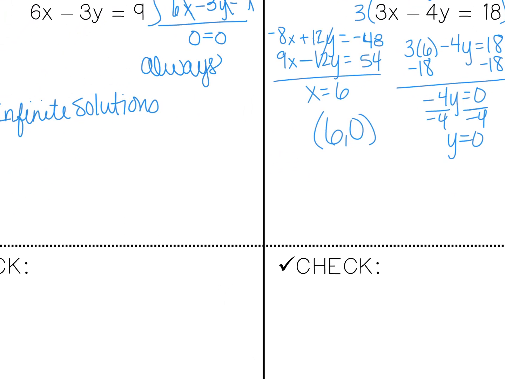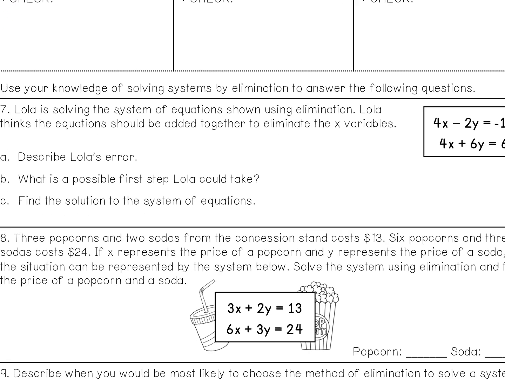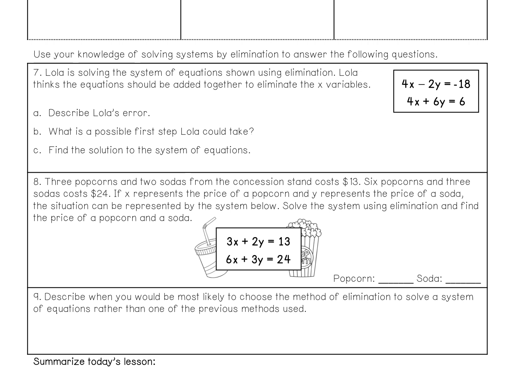We have a little word problem down here, so let's see how that goes for us. They did give us the system. Layla is solving the system. She thinks the equations should be added together to eliminate the x's. Well, she's obviously wrong. So what should she do to eliminate the x's?